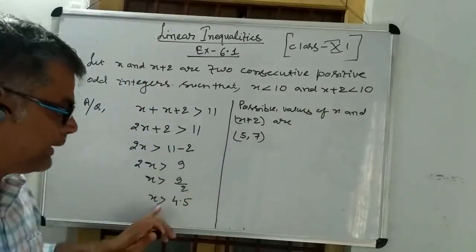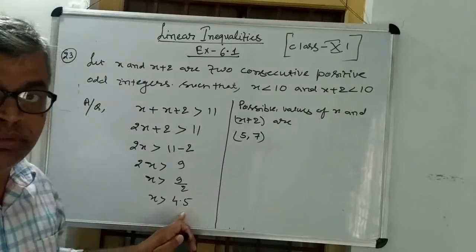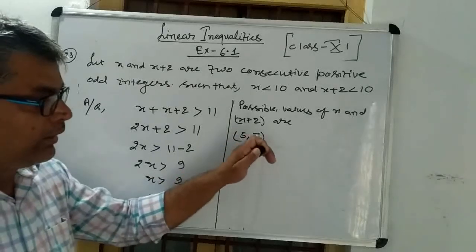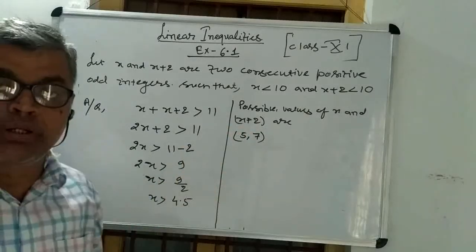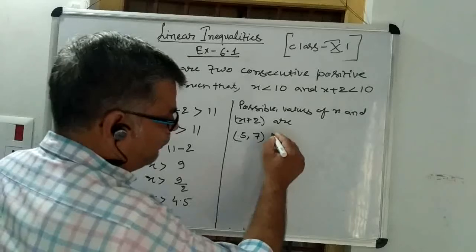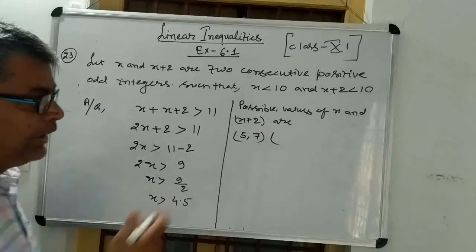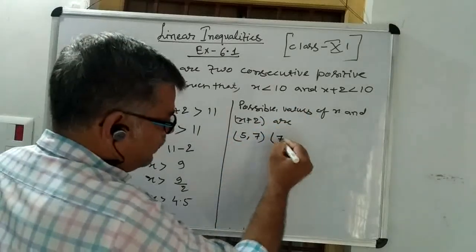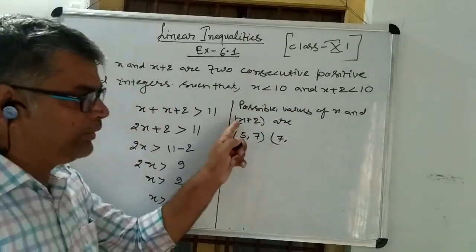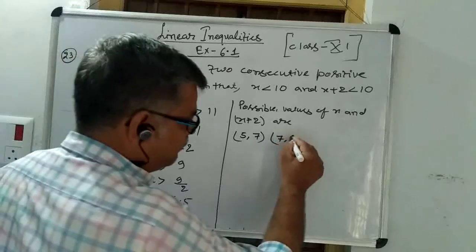When you take x equals 5, then you get x plus 2 equals 7. This is one pair of solution. And after 5, when you take x as 7, then you get x plus 2 as 9.